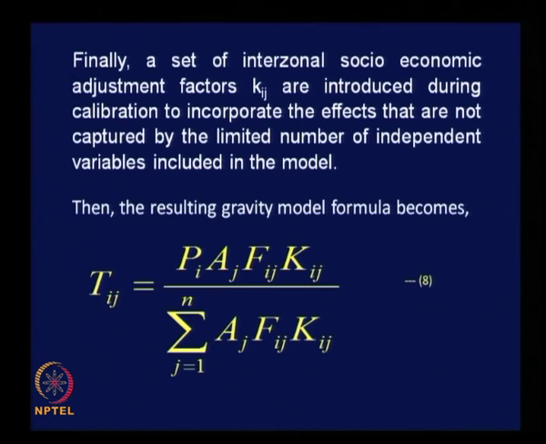Tij has to be written as Pi Aj Fij Kij, the zone to zone adjustment factor, divided by sigma j equal to 1 to n of Aj Fij Kij. We are introducing Kij both in the numerator as well as in the denominator.